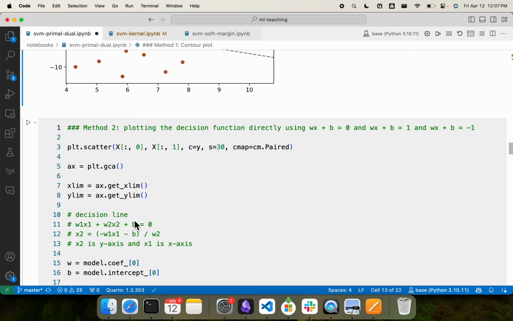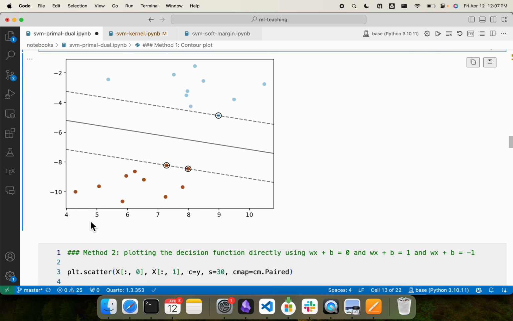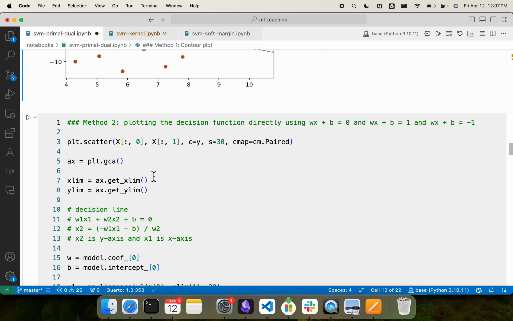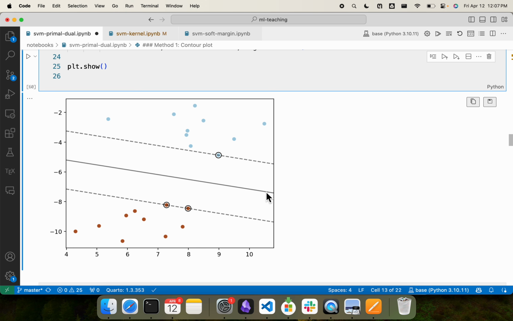What I'm then doing is I just get my x1 and x2 as again I just get my x coordinate, right? I can plot a line if I know it's y equal to mx plus c like form. So given wx plus b equal to 0, and here's the dot product, w dot x vector plus b scalar equal to 0.